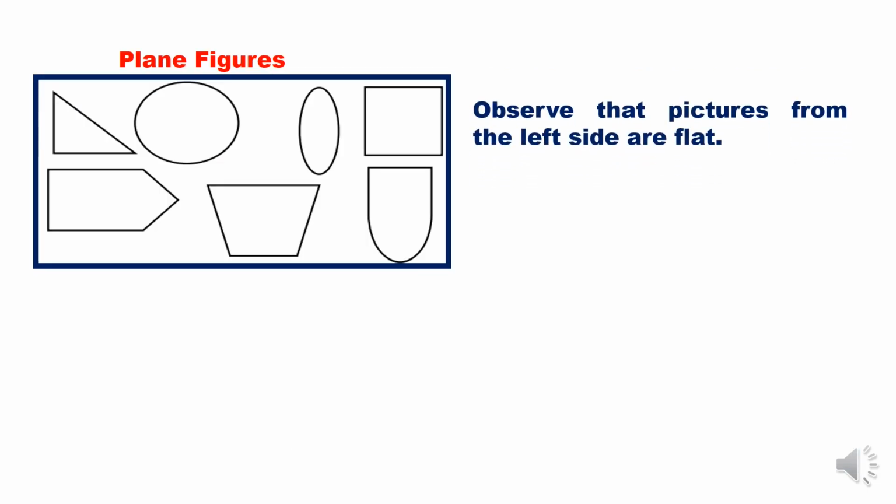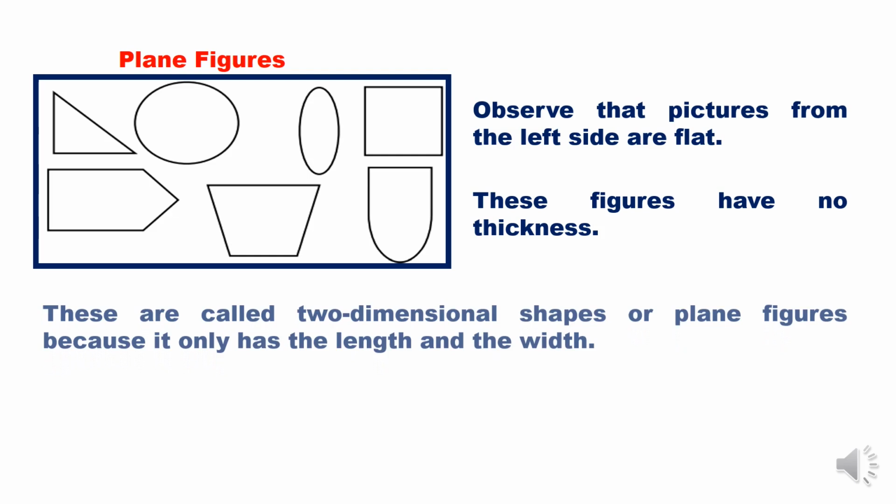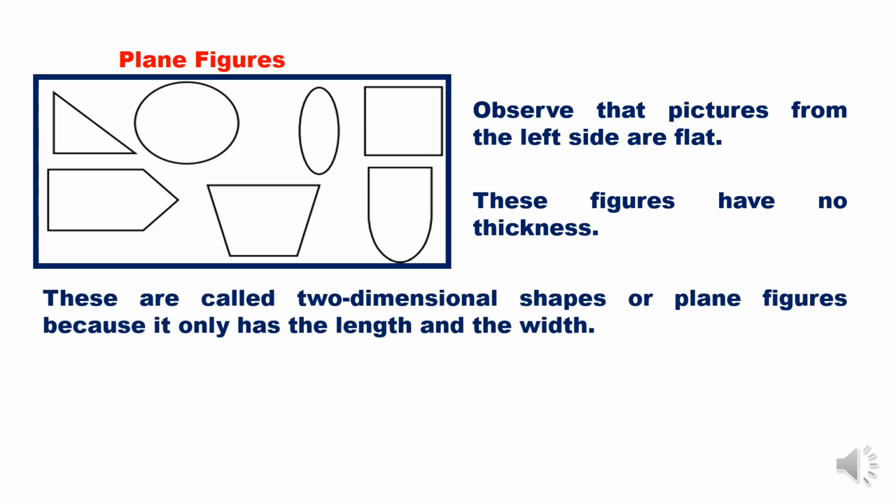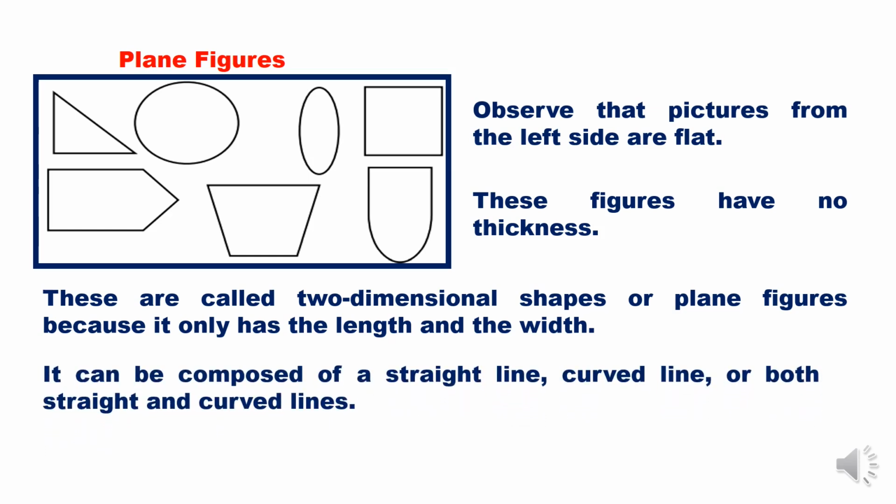Observe the pictures from the left side are flat. These figures have no thickness. These are called two-dimensional shapes or plane figures because it has a length and a width. It can be composed of a straight line, curved line, or both straight and curved lines.